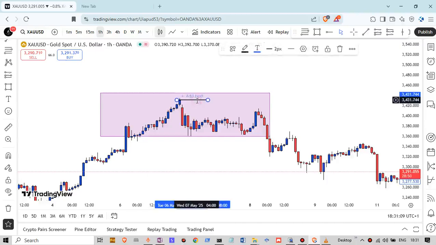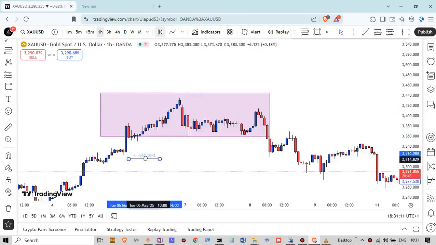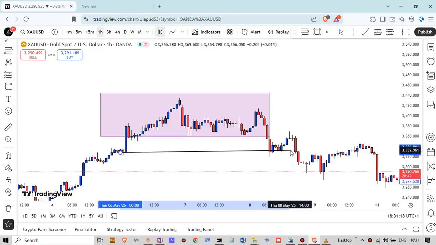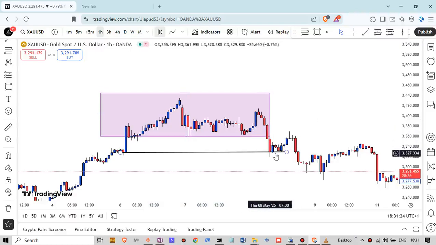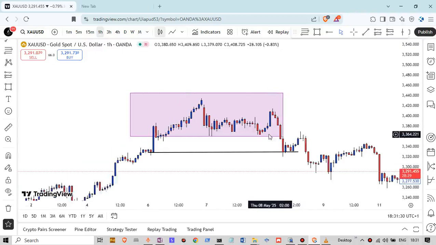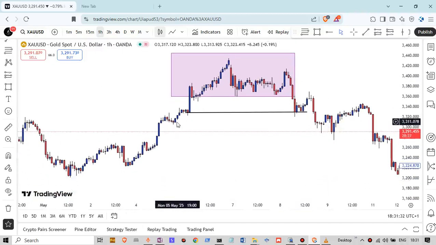So if you're using the candle charts, you would have put your line here. You are watching for this level to be broken. When you drag it, you can see how price broke down beneath that level, and when it went back up, it didn't even go above this, and it still broke downwards to even break this one as well.